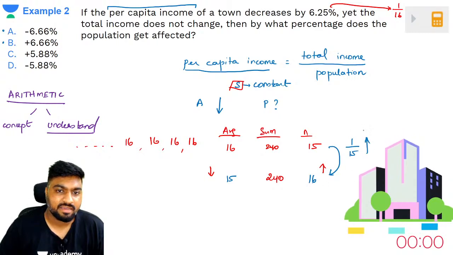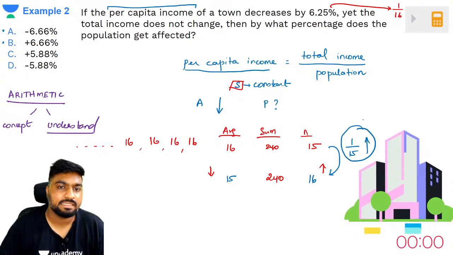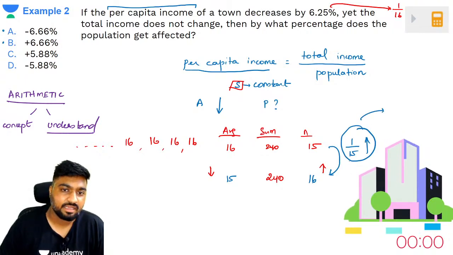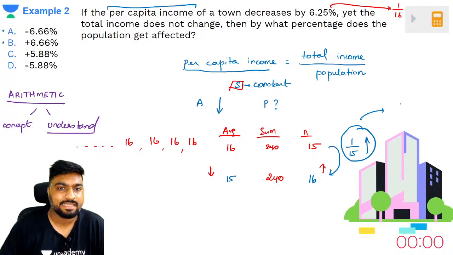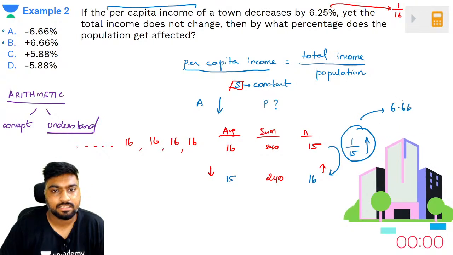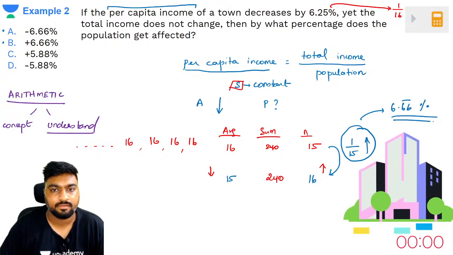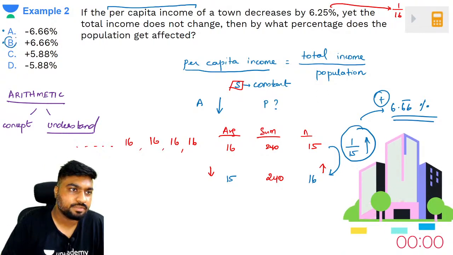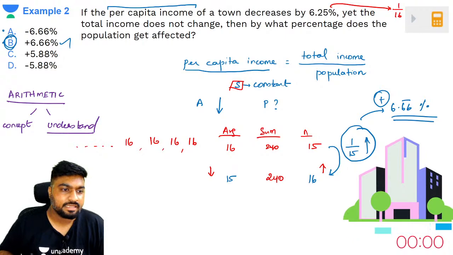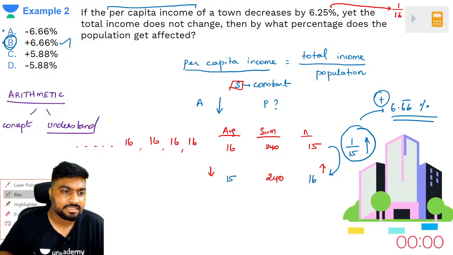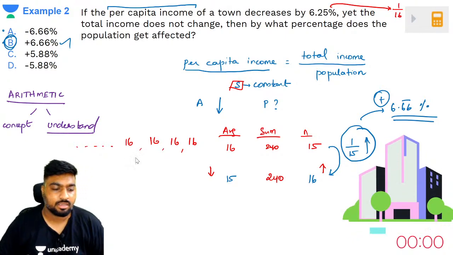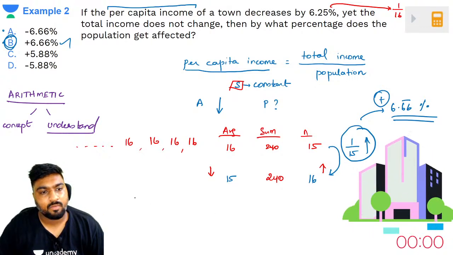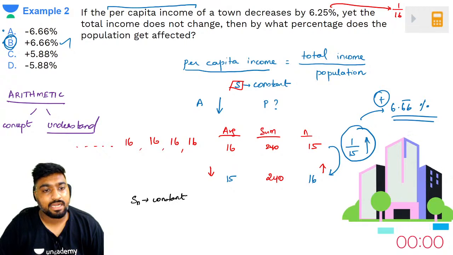So what is this 1 by 15 increase in terms of percentage? 1 by 5 is 20%. So 20 by 3 is 6.66 bar percentage increase. Increase means positive, which is option B.